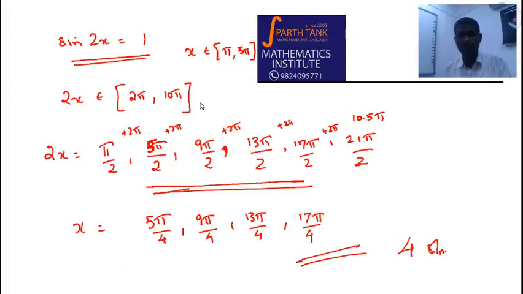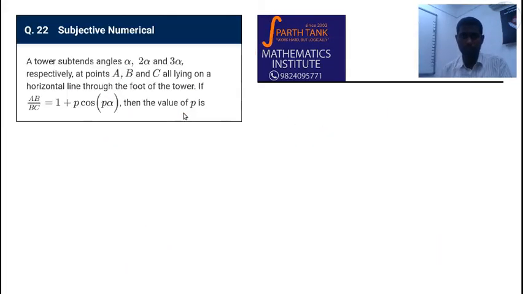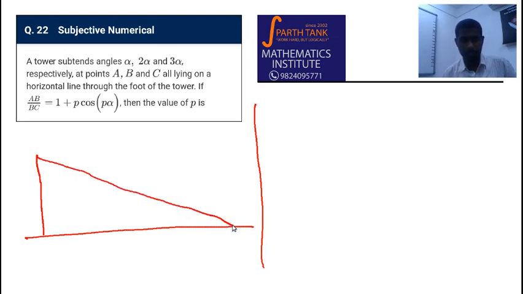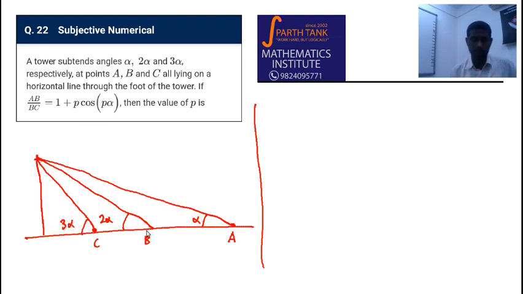Let's move on to question number 22. A tower subtends angles alpha, 2 alpha, 3 alpha at points A, B and C. So there is a tower here, and this subtends angle alpha at point A, 2 alpha at point B, and 3 alpha at point C, all lying on a horizontal line through the foot of the tower.